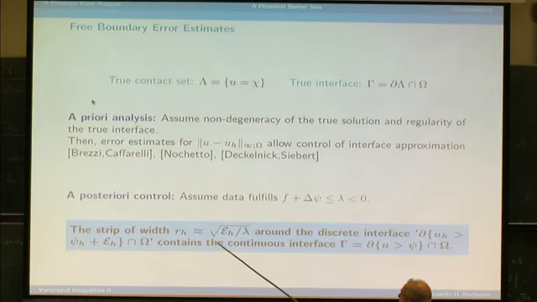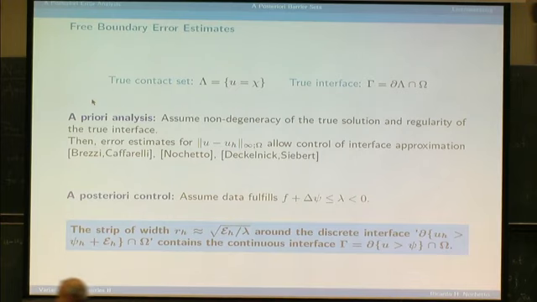And in fact, under the same assumptions of non-degeneracy for the continuous problem, it's possible to prove that if we take a strip of this radius, the square root of the estimator divided by lambda, where lambda is the non-degeneracy parameter, written here, absolute value of lambda, then if you take a strip around the discrete interface, the continuous interface will be contained in that strip. So this is a very interesting a posteriori result.